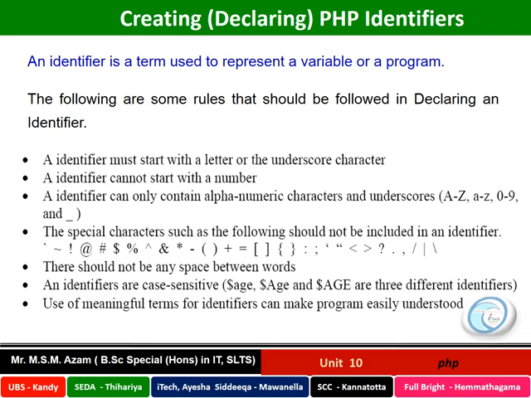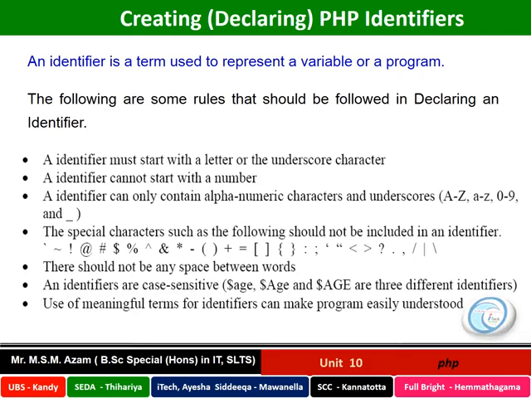That means an identifier can have the letters A to Z or numeric values 0 to 9 and underscore only. Special characters such as question mark, @, hash mark, $ mark should not be included in an identifier. There should not be any space between words.